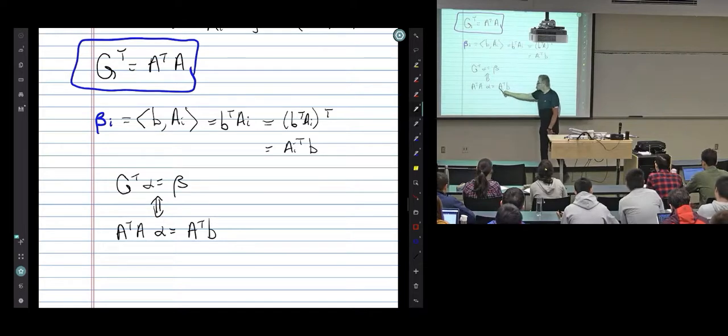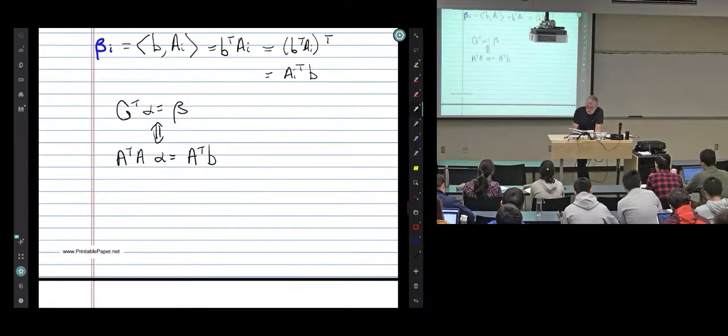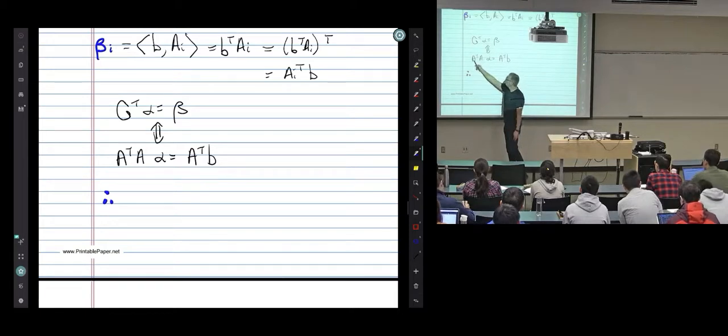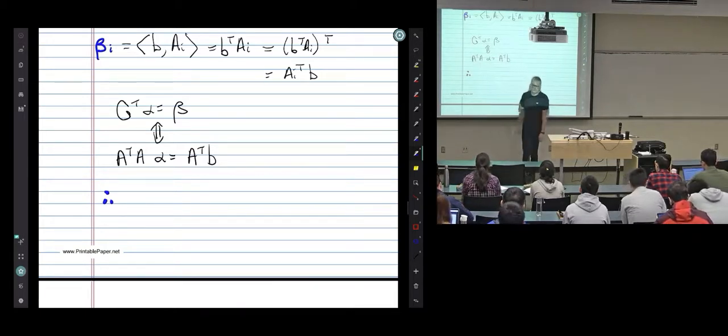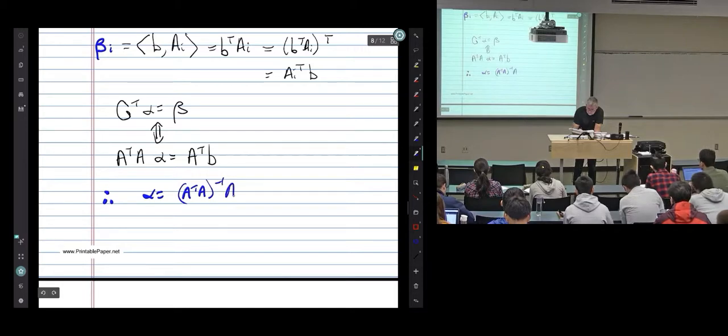So that's this equation. The columns of A are linearly independent. This is the Gram matrix. It's invertible, so there's alpha. Alpha equals (A transpose A) inverse A transpose b. Yay!